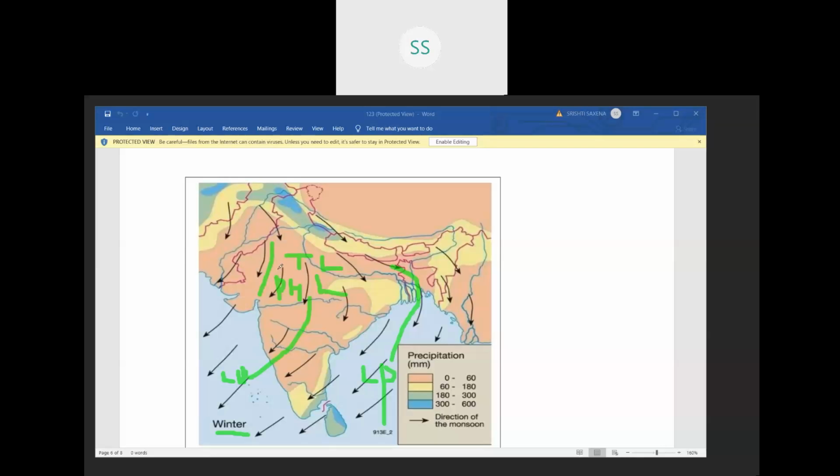They are a little low. What will happen when the temperature is low? Pressure is high. So by mid-October, it withdraws completely from the northern half of the peninsula. That is, from the northern part of India, the winds will be completely gone back.